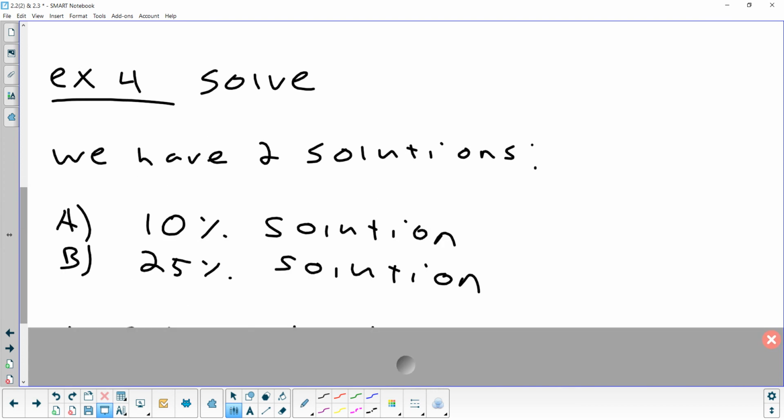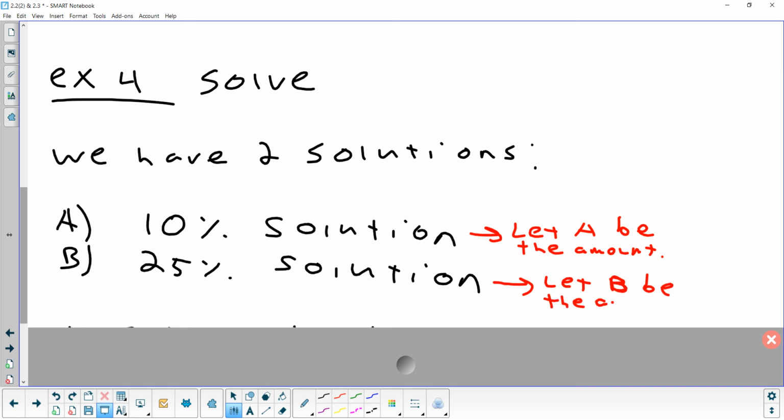Just to be simple, since they've already picked names for them, let A be the amount you need for the 10% solution, and let B be the amount that you're going to need for the 25% solution.